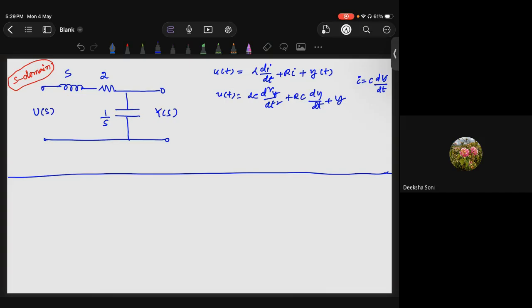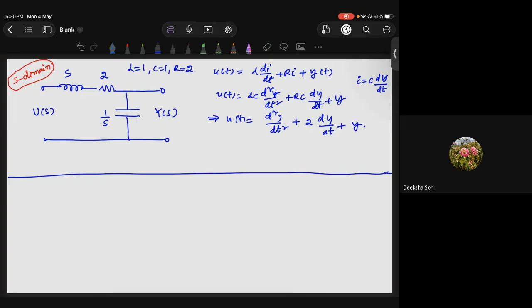First I put the values: L is equal to 1 henry, R is equal to 2 ohm, and C is equal to 1. So u of t is equal to 1 d square y by dt square plus RC, that will be 2, dy by dt plus y.